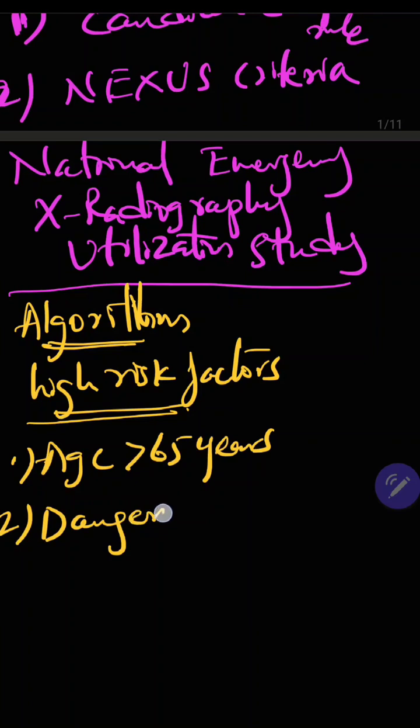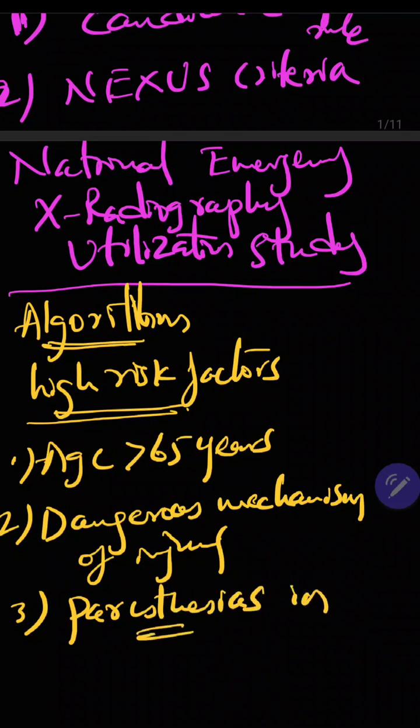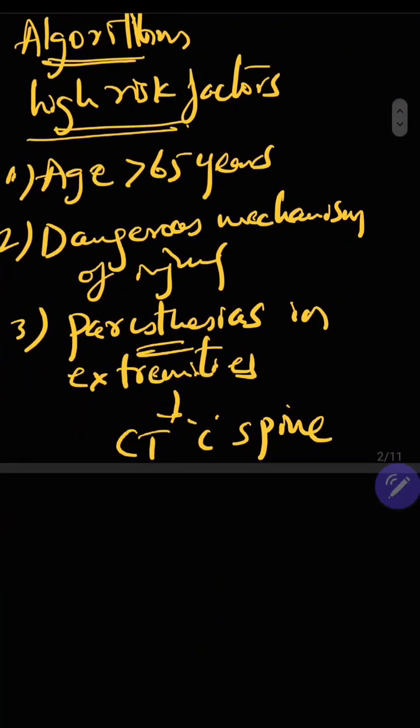Number two, dangerous mechanism of injury. And number three, paresthesias in extremities. If any one of these three high risk factors is present, you have to directly do CT C spine.